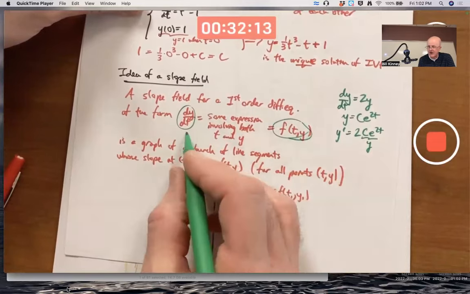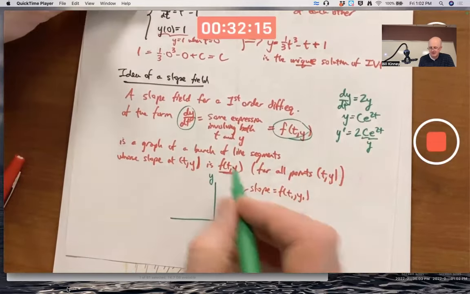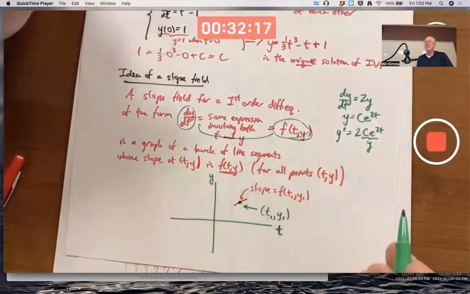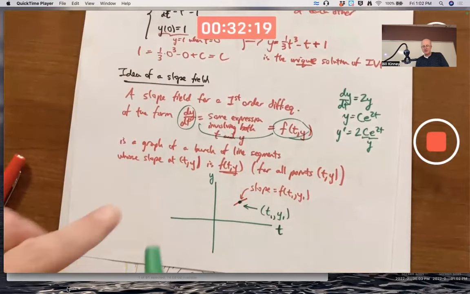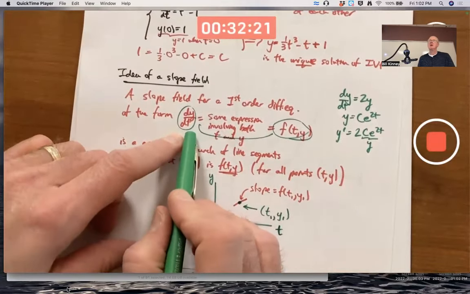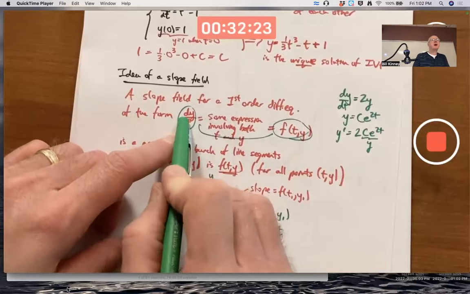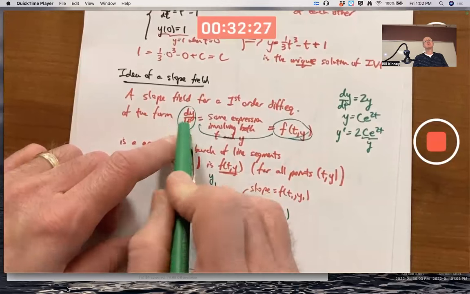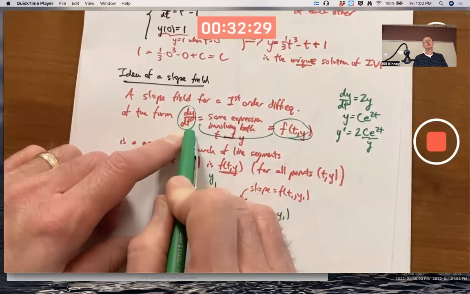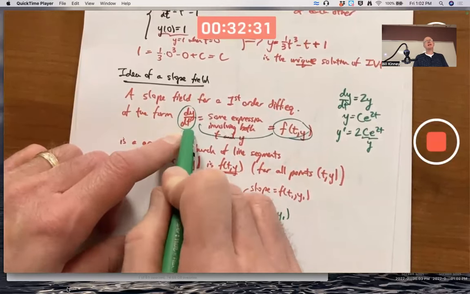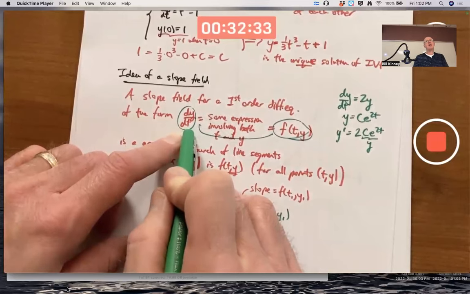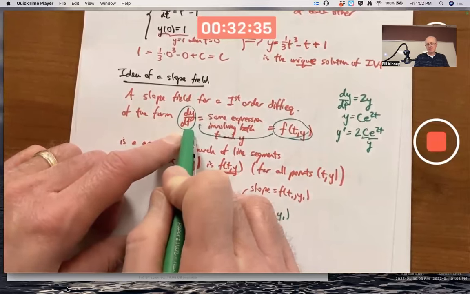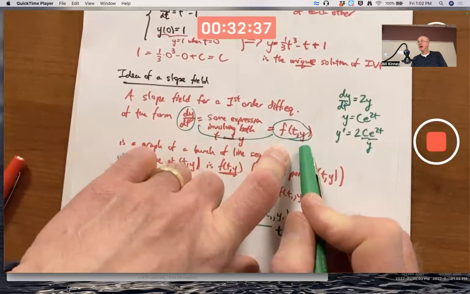A second way the differential equation talks to you, in the equality there, is to say I'm looking for a function of t whose slope at every point, derivative gives you slope, whose slope at any given point (t, y) on the graph equals the output of that function at that point.